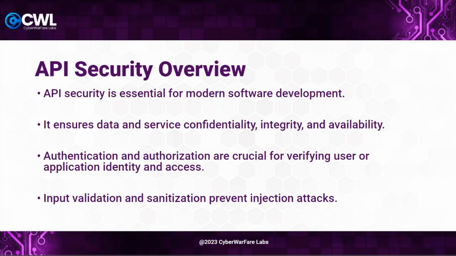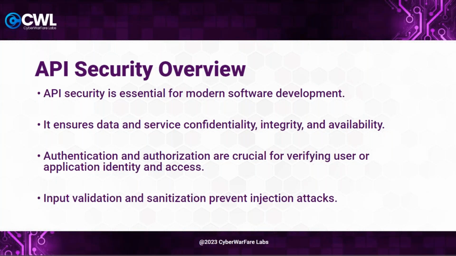Any weakness in an API can serve as a gateway for attackers to compromise systems, steal data, or disrupt services. By studying Damn Vulnerable API, security practitioners or cybersecurity learners gain a deeper understanding of these vulnerabilities and are better equipped to protect against them.